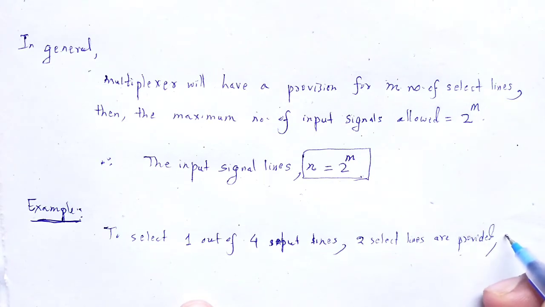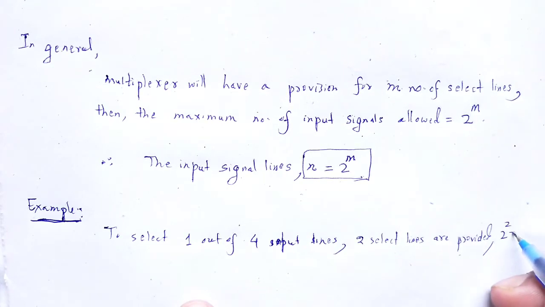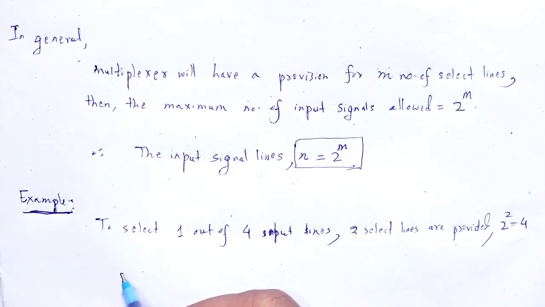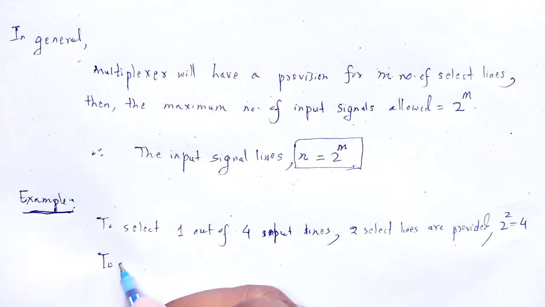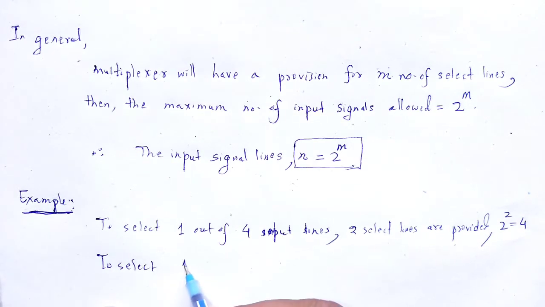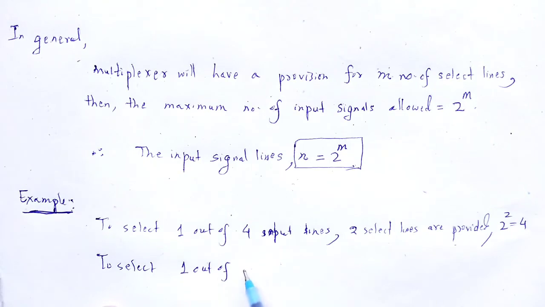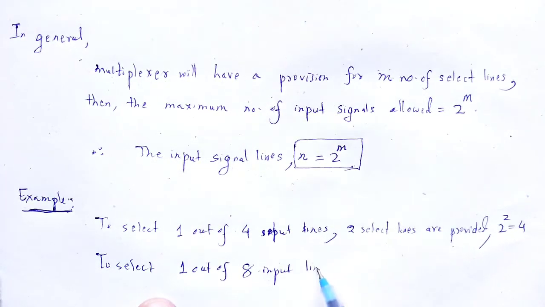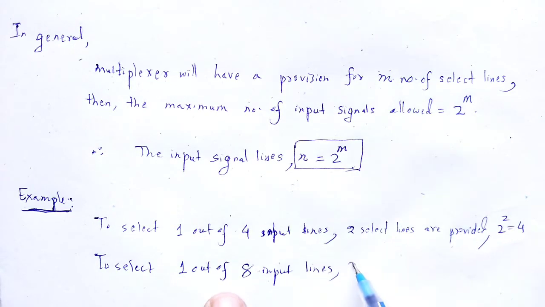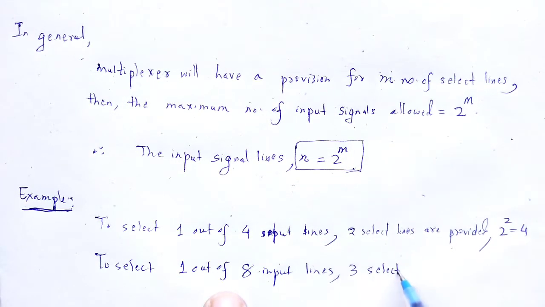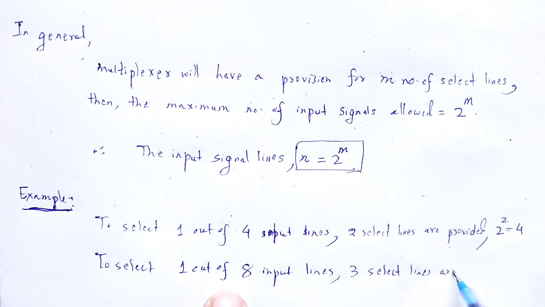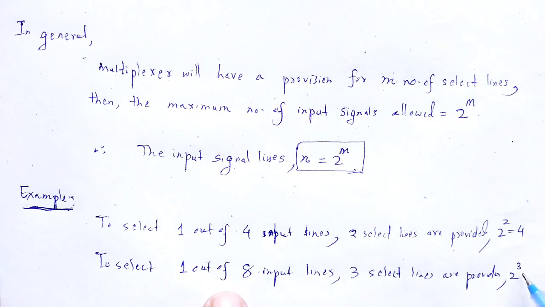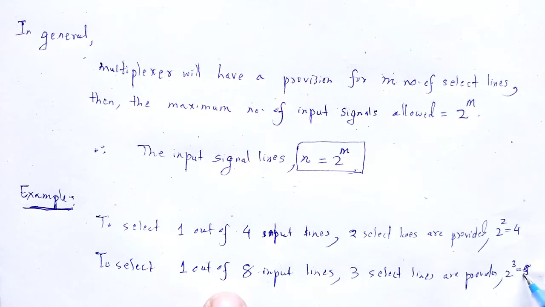Therefore, we have 2 to the power 2 is equal to 4. If we select 1 out of 8 input lines, then 3 select lines are provided, as 2 to the power 3 is equal to 8.